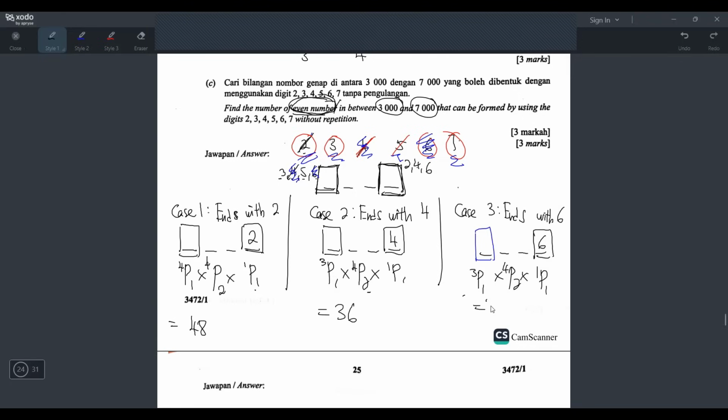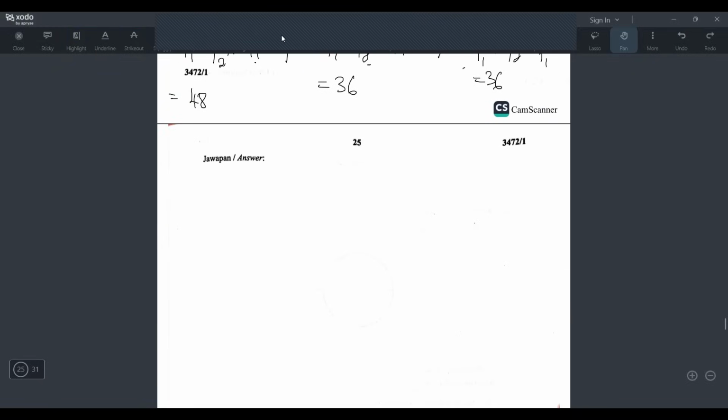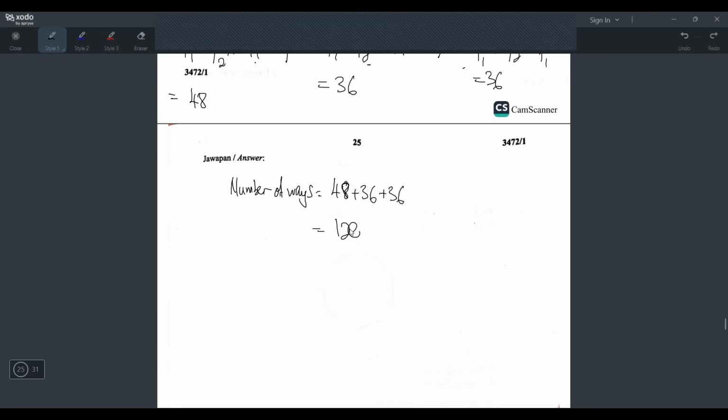And then finally, you take all these answers, add them all together, and you can find the answer. So the number of ways is equal to 48 plus 36 plus 36. Let me press the calculator and see what I get. My calculator gives me 120. So that's the answer.